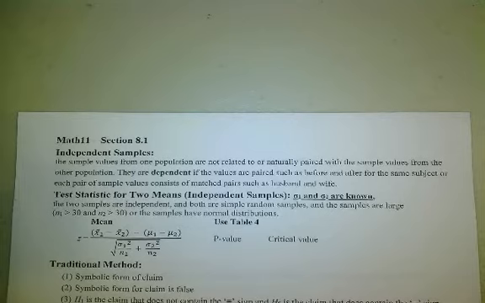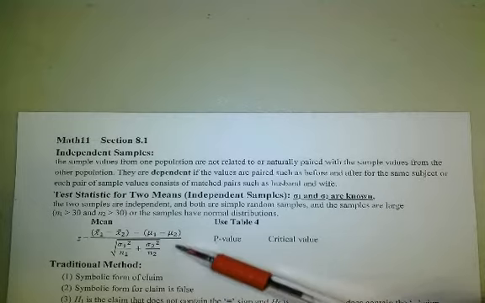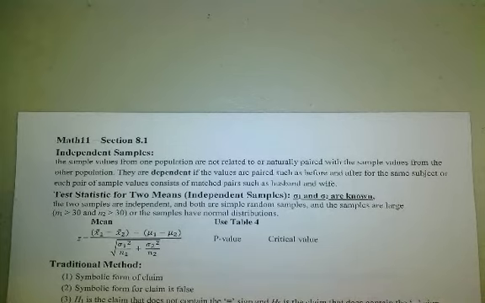The test statistic for two means, and again, independent samples, and we know the standard deviations, so we know sigma 1 and sigma 2 for the two samples, and the samples are large enough, they need to be independent, random. If all that's true, then we can use this equation to determine the test statistic, the z-score, for that situation.